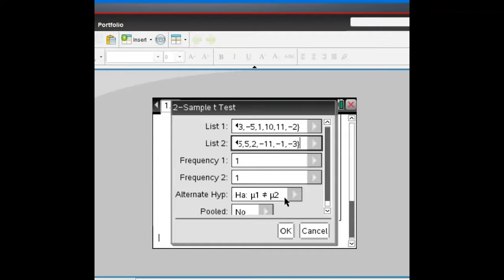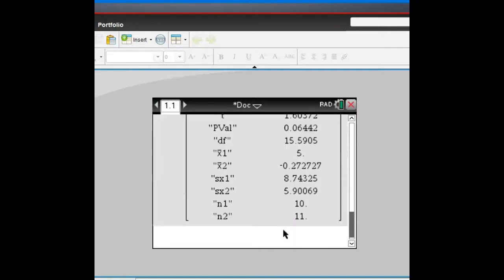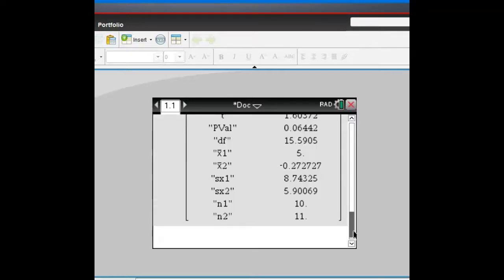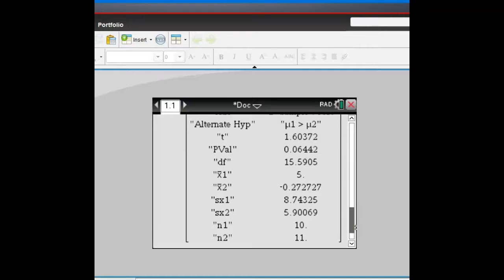And our alternative hypothesis was that mu sub 1 is greater than mu sub 2. It was not pooled. We hit OK. So now you have your different information. You need to write down the t-value that we got, which was 1.604.